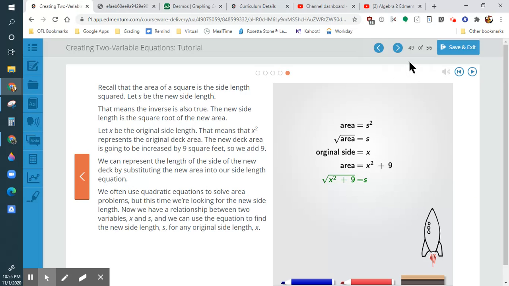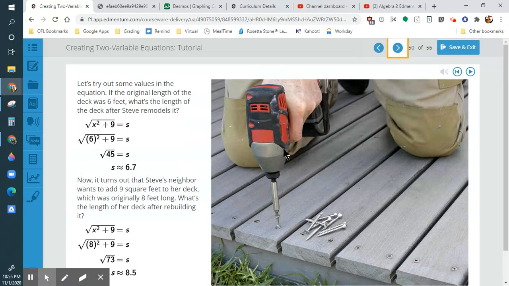All right, so let's get into this. The old side was 6, and then we added 9 to the area. So in other words, the new side has to be around 6.7. So adding that 9 to the area, we have to add 0.7 in the length of the side.